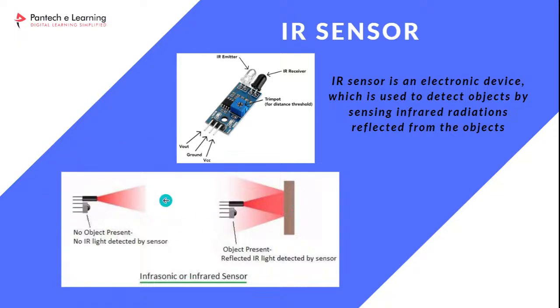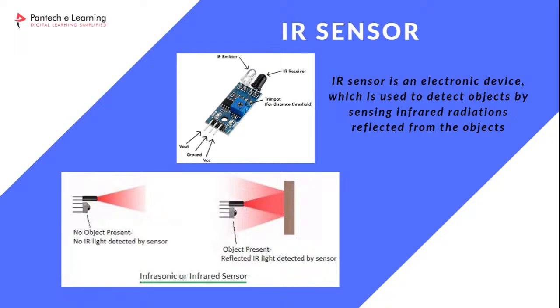Here in this picture you can see that it mainly consists of a transmitter IR LED and a receiver photodiode. This is the receiver and this is the emitter. It detects infrared radiation which has a wavelength of maybe 700 nanometer to 1 millimeter.